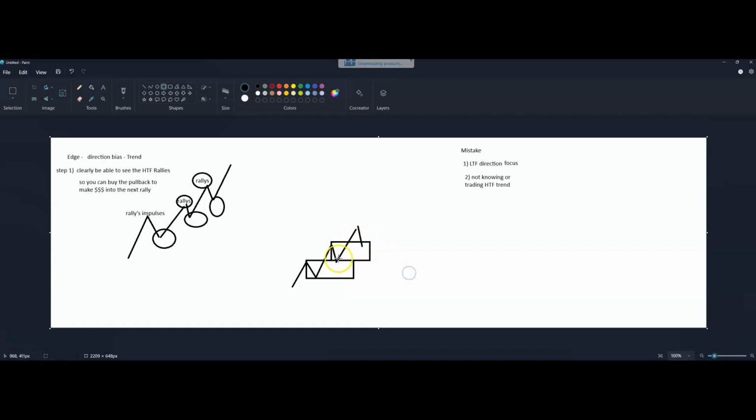Okay? But the other thing you want to know is, let's say this is the 60-minute, whether this is a pullback within the daily.